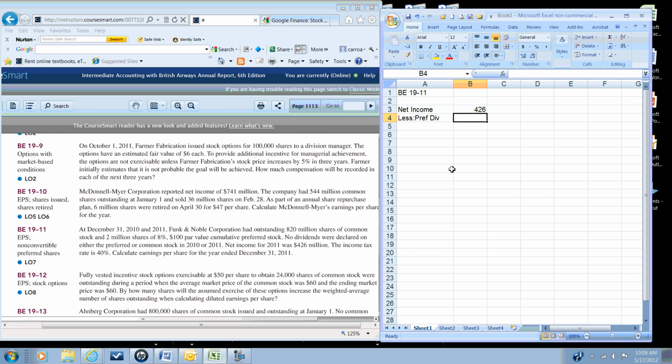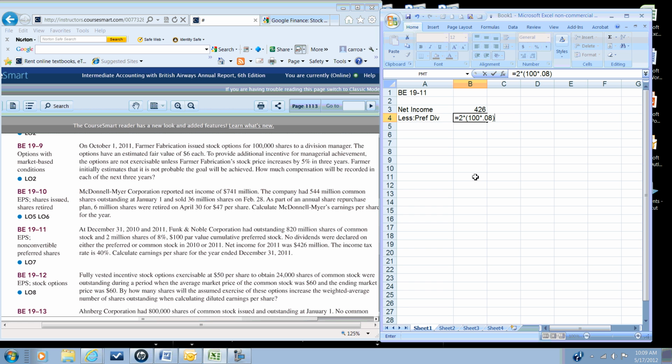And that preferred dividend is on 2 million shares, and we'll multiply the 2 million shares by the par value of $100 times the dividend rate of 8%. So we'll take our par value, multiply it by the dividend rate, and then multiply it by the number of shares.